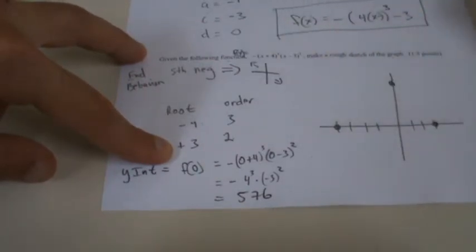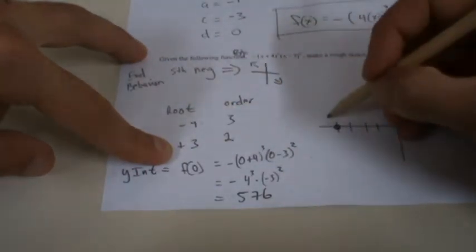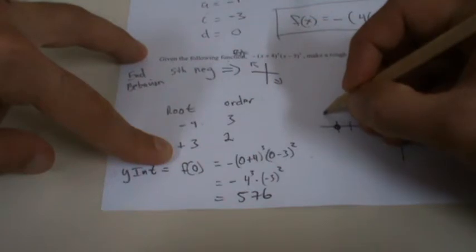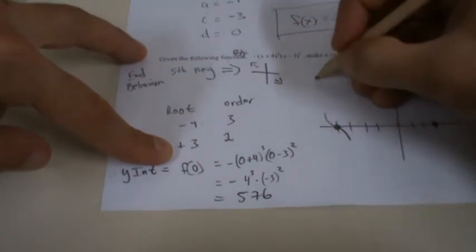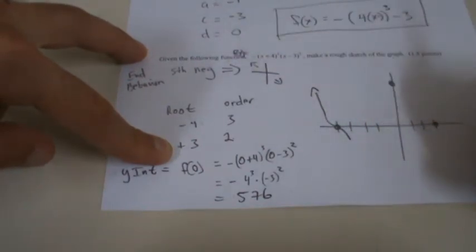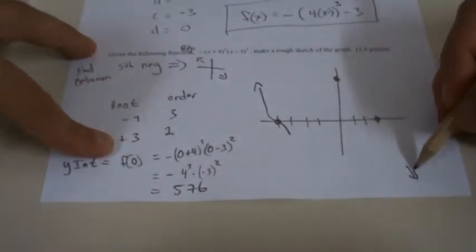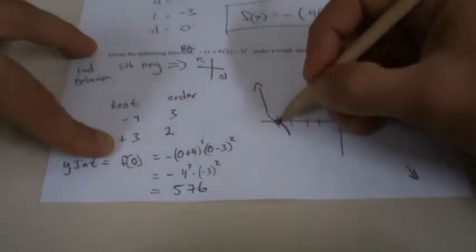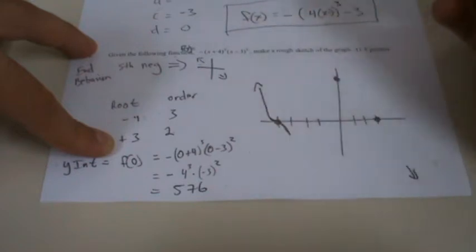So these are my only points here. Since it's a third order root, I'm going to have to pass it doing this style. Oh, and by the way, my end behavior is again up there, and I should end up down there. So I did a little bit of a third order going on right there.